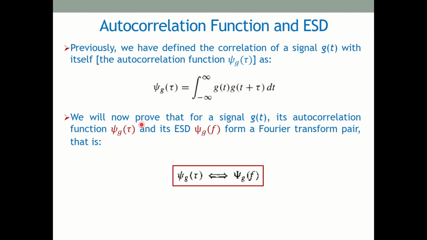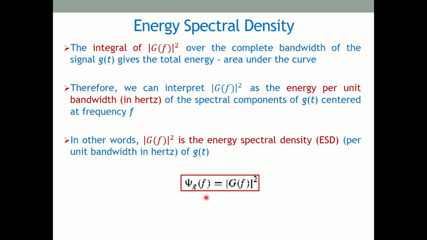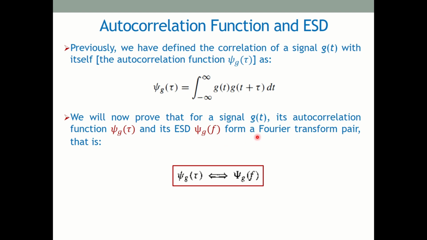Now our next task is to prove that for a signal g(t), its autocorrelation function and its ESD are related through a Fourier transform pair. Basically, the Fourier transform of the autocorrelation function will give you the energy spectral density. We will be proving this expression.